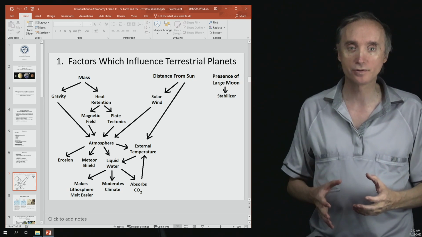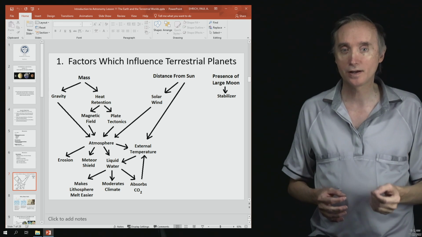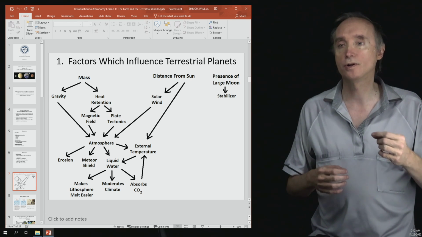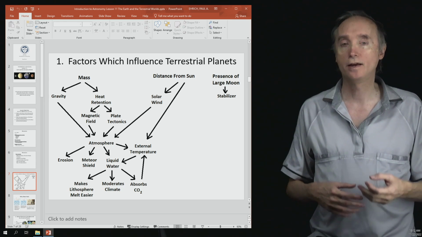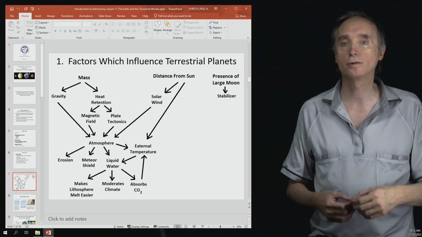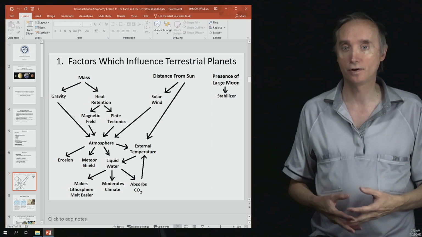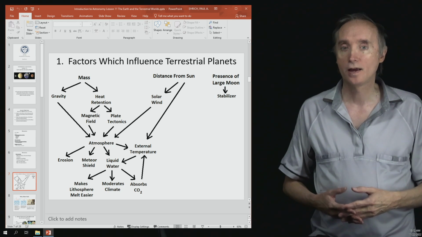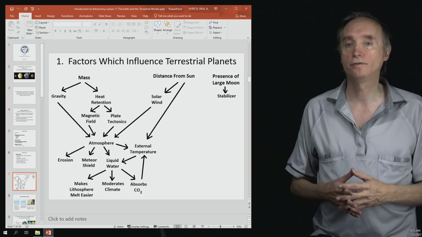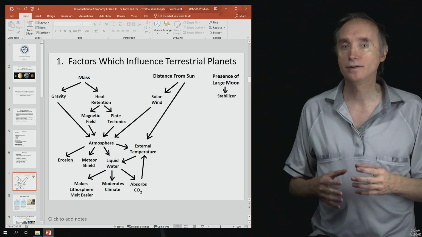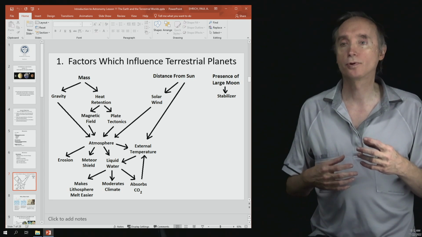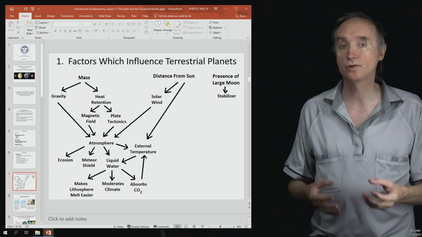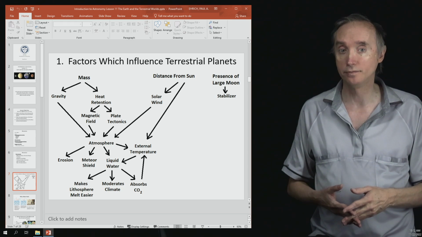Remember, it's dominoes here. The plate tectonics is going to be associated with volcanism, volcanoes, and volcanoes are what's going to produce the atmosphere. And then also we're going to find that the magnetic field of a planet helps to protect it against the solar wind coming off of the sun.